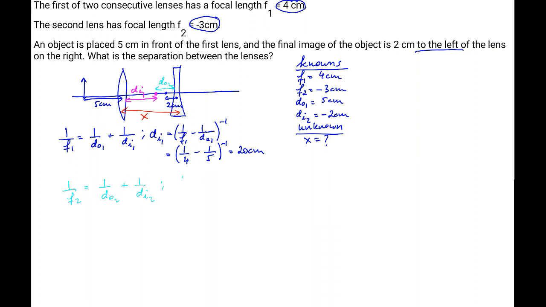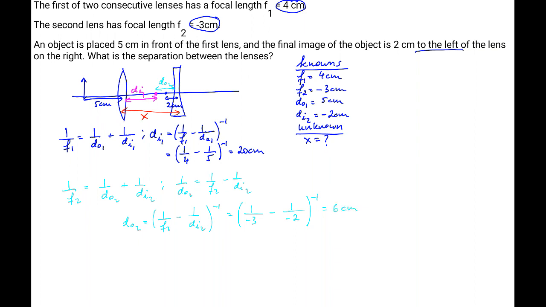So 1 over DO2 is 1 over f2 minus 1 over DI2, which means that DO2 is (1 over f2 minus 1 over DI2) to the negative 1. So that is (1 over negative 3 minus 1 over negative 2) to the negative 1. And if we plug in the numbers, we end up with 6 centimeters.